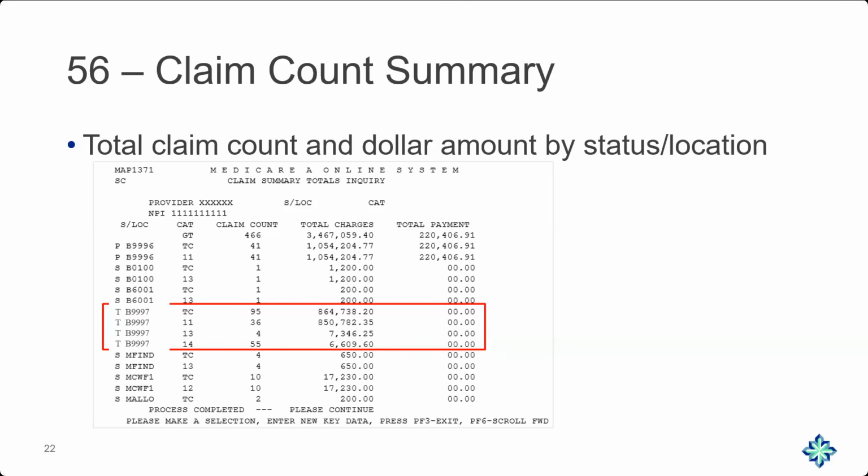Could it be a potential system problem? Was there a similar billing error made, like a code or an item that was left off the claims that were sent? And so you can use it as either a corrective action or a teaching moment for your billers or something like that. But it gives you just a snapshot, and then you can dig a little deeper if you need to.